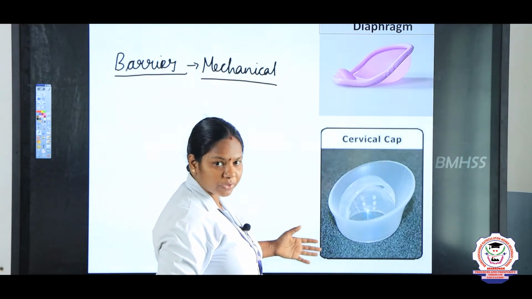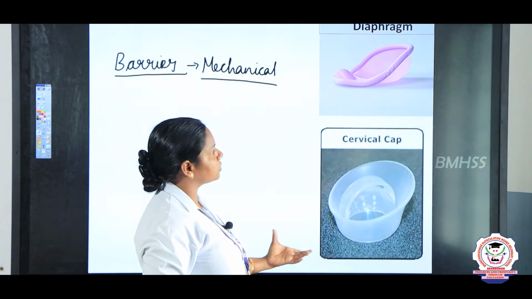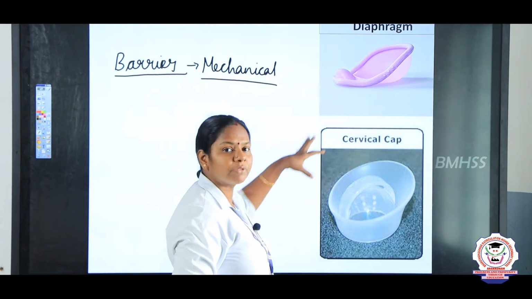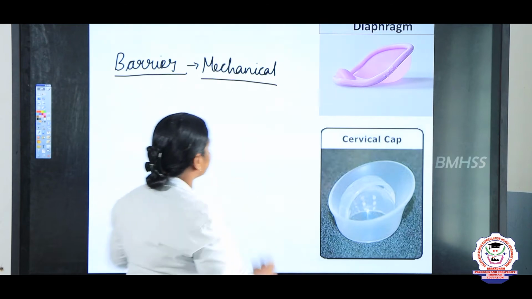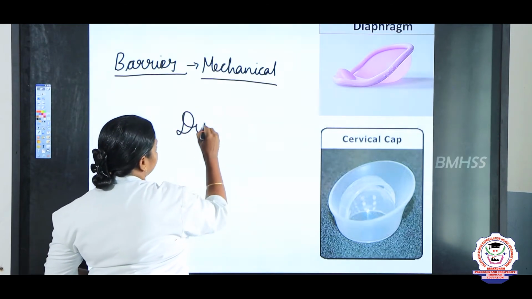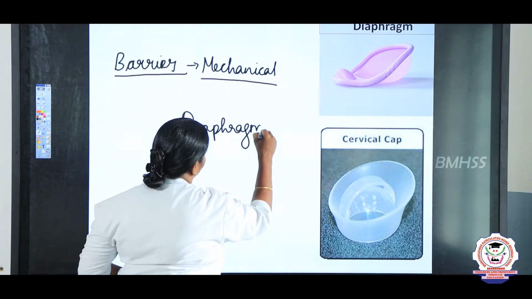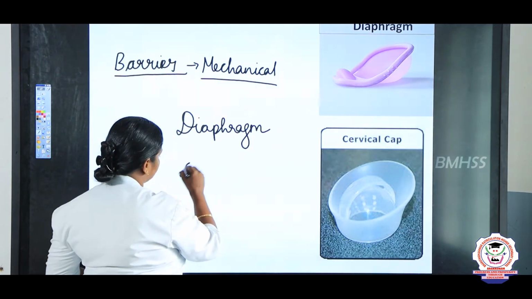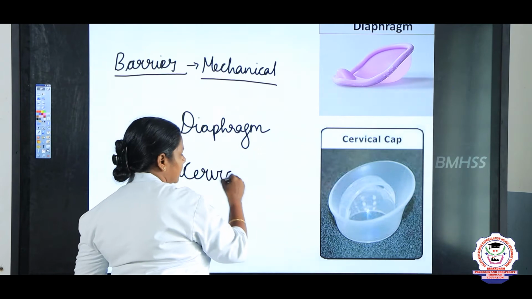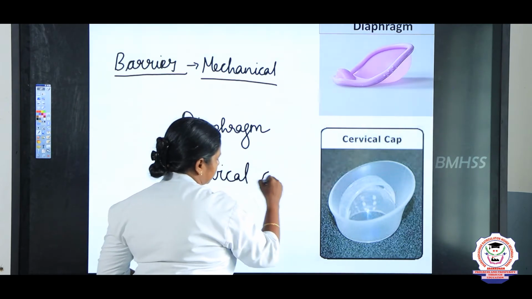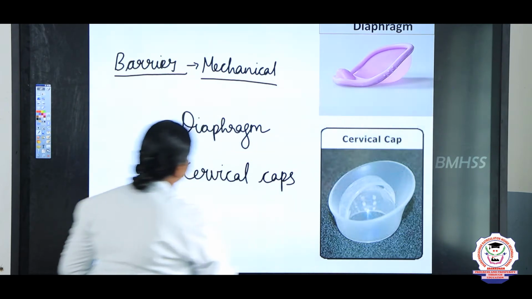They are placed in the female reproductive tract and prevent the entry of sperms into it. So what are the things, children? Diaphragm and cervical caps, and one more example is valves.